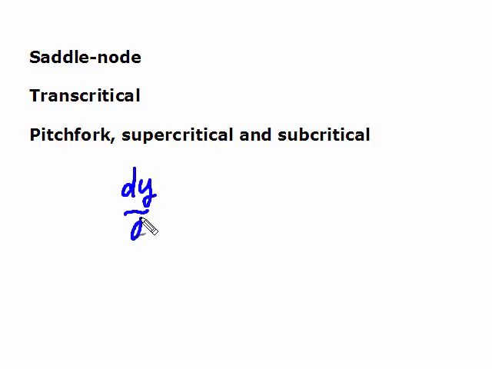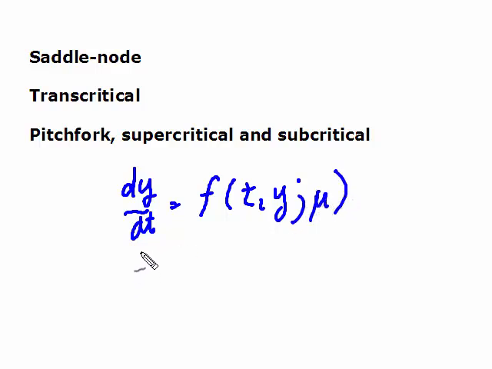In general, we had differential equations as first order because that's what we're doing in this chapter, and it was some function of t and y, but there were also parameters involved in these differential equations, which I'm going to call mu.